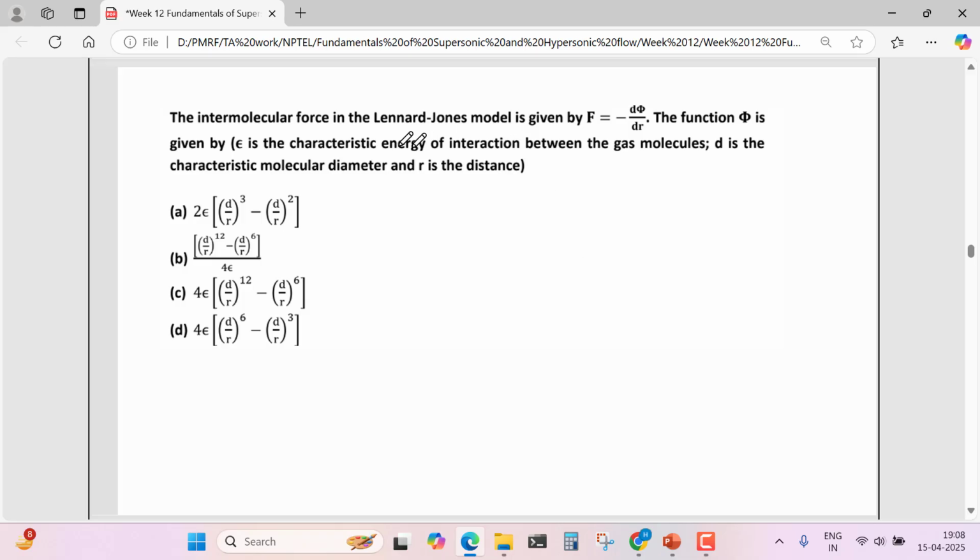If you remember that this Lennard-Jones model is also called the 12-6 Lennard-Jones model, then these two options are directly wrong, you can see.